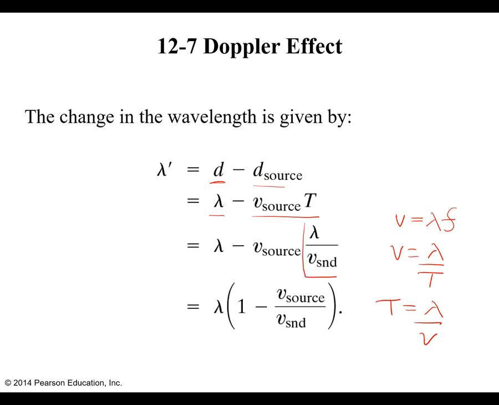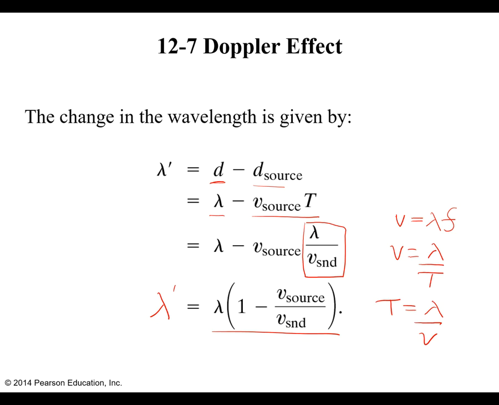So you have your period T is going to be the wavelength of the original sound divided by the speed of sound. And you end up with this: the new wavelength is going to be the original wavelength times this factor of 1 minus the speed of the source divided by the speed of sound.